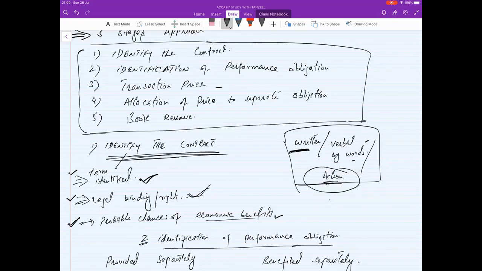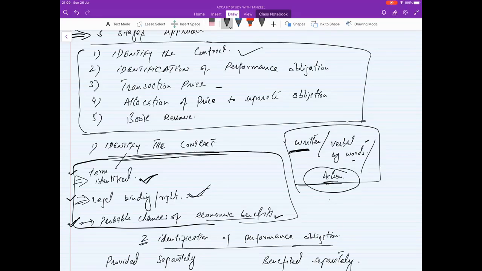When I give you the phone, it belongs to you, you can use it, and you can take an economic benefit from that phone. So these are the terms which identify that there is a contract. One stage is done. When we identify that this is a contract, only then do we go to the next stage.